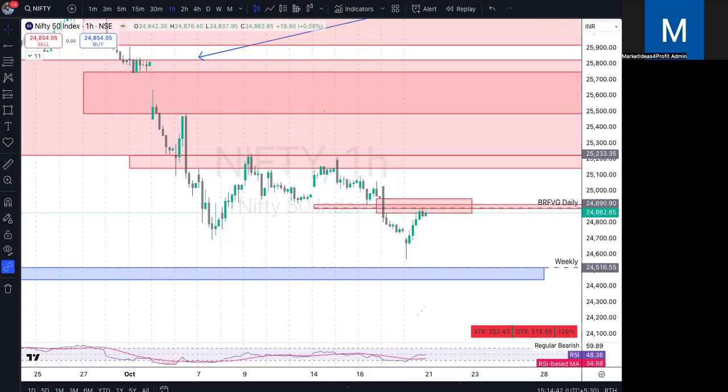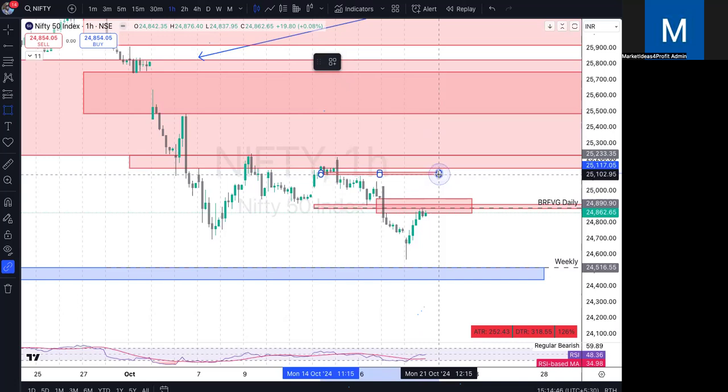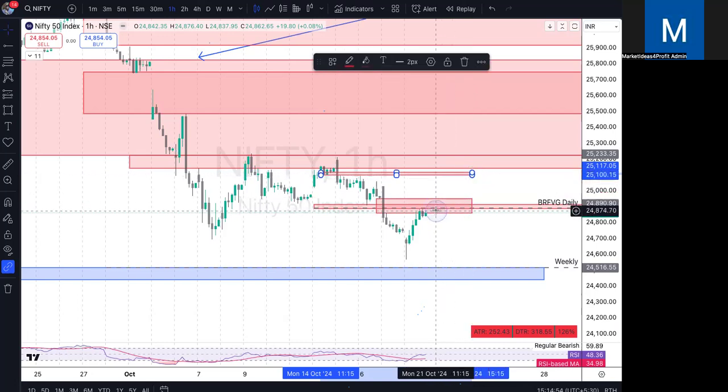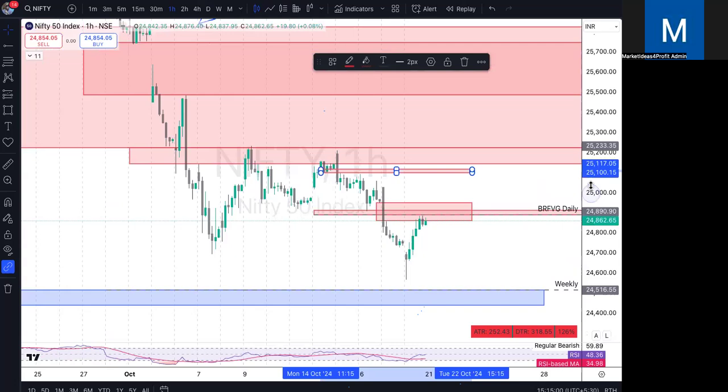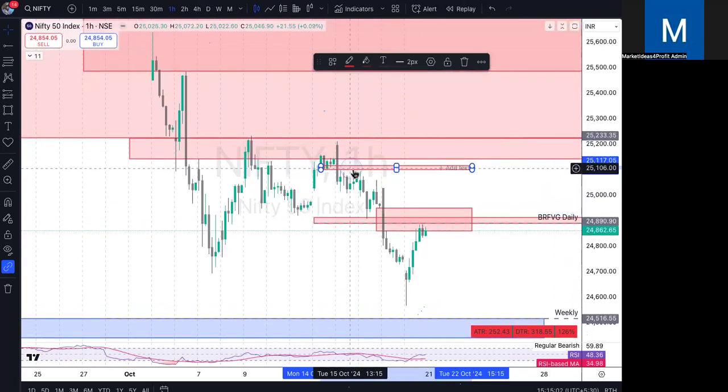We see one more fair value gap here, which is on the downside. Again, this is another one which has not been mitigated yet. This one is partially in on Friday's move. And this is the one that has not yet been tagged. Has it been tagged? It has not been tagged as yet. We have not gone into the fair value gap as yet.